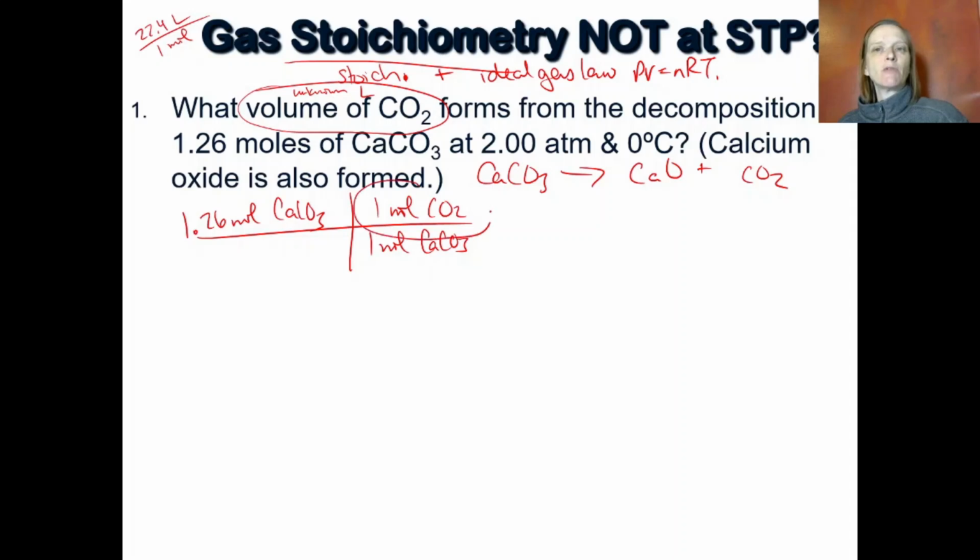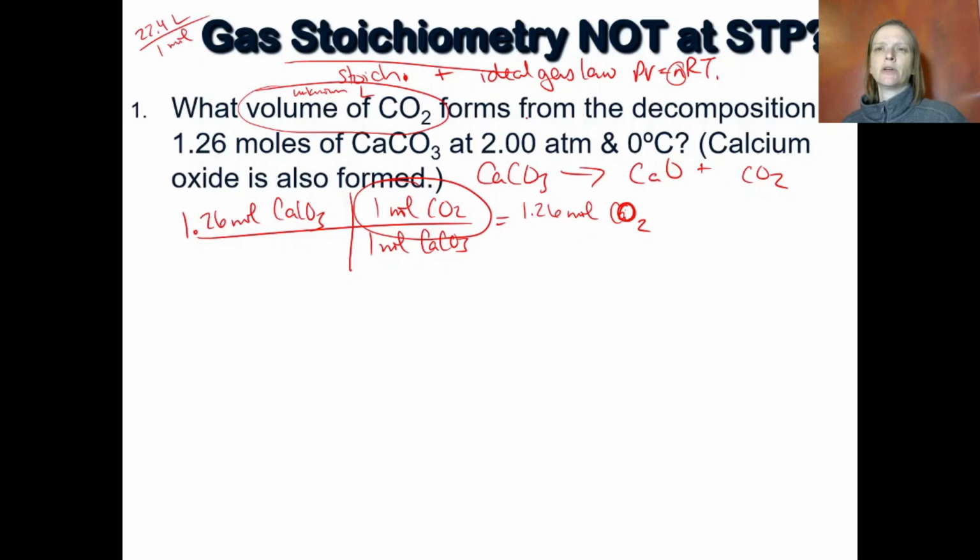Because once I have the number of moles, that's going to become the n value in my PV equals nRT equation. So I solve for the number of moles here, and I just have 1.26 moles of carbon dioxide. And now I plug this value into PV equals nRT.